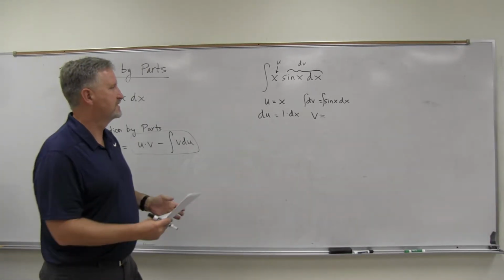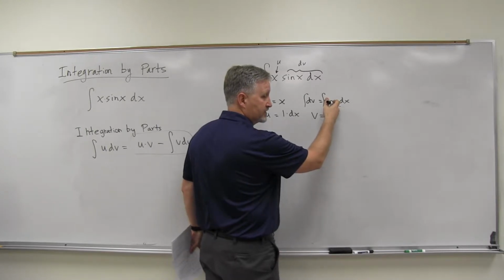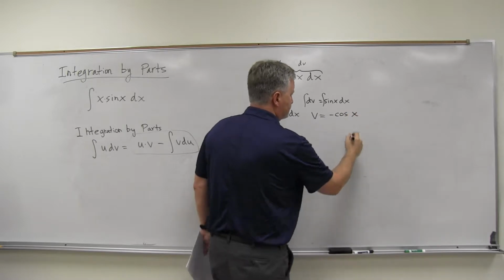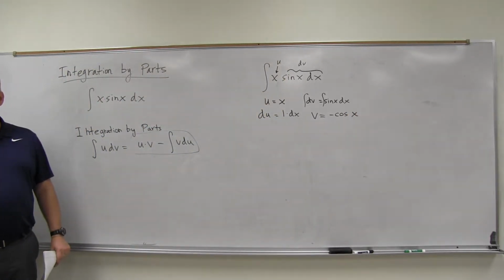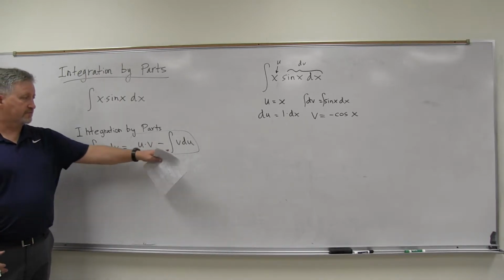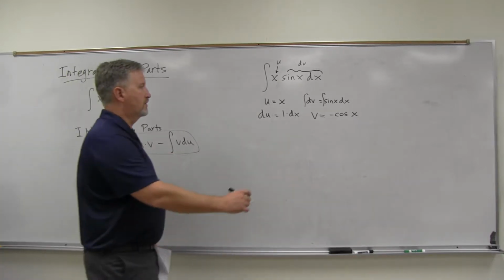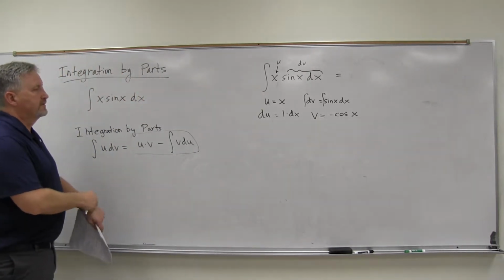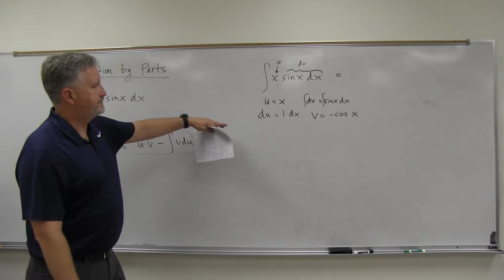The antiderivative of sine of x is negative cosine of x. Notice I didn't put the plus c. We'll put the plus c at the very end because we still will have an integral to do when we plug it in.